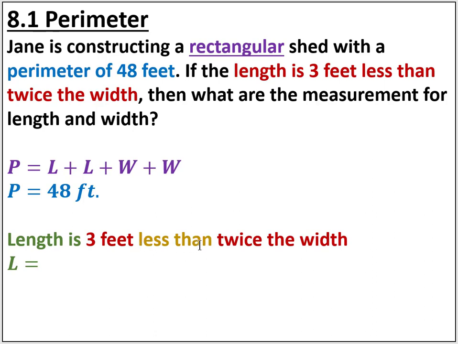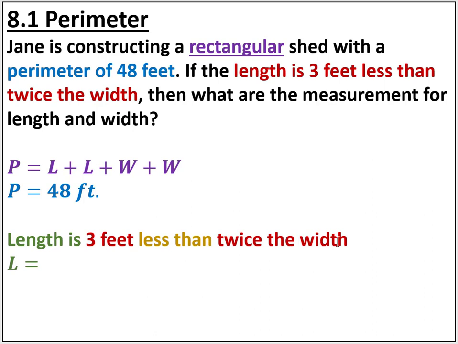Now, since it's subtracting, in "3 feet less than twice the width," whatever comes after "less than," in this case twice the width, will go first.